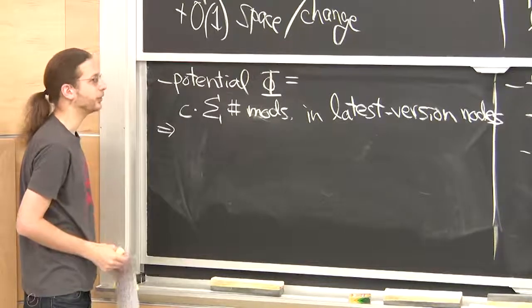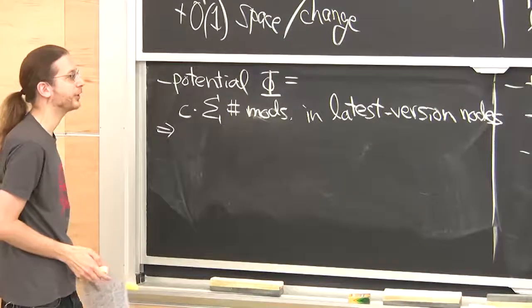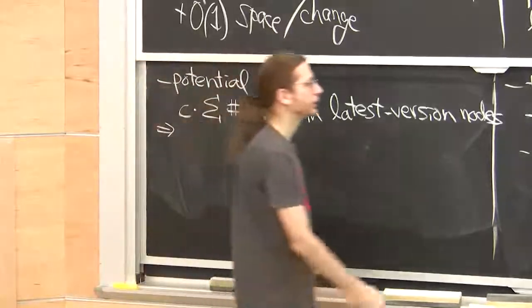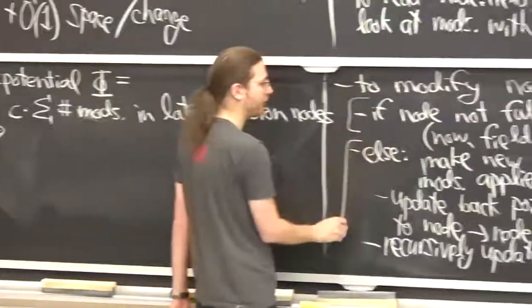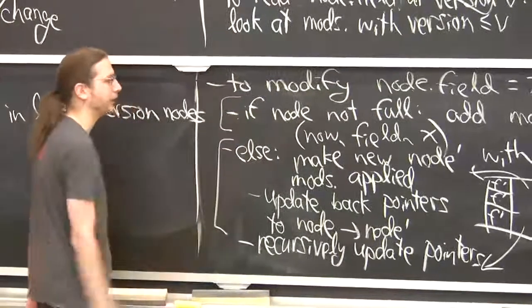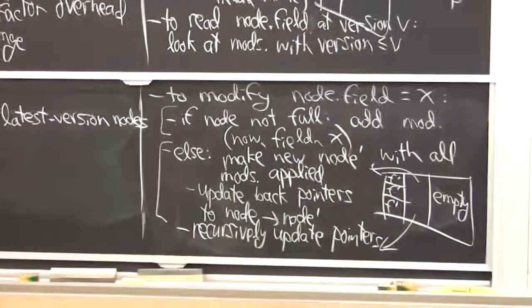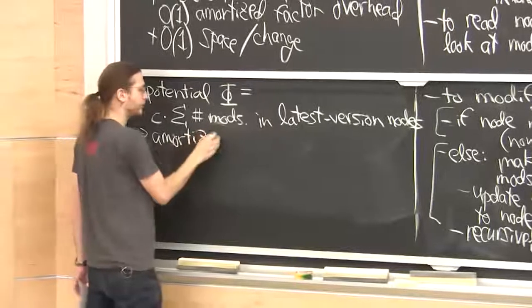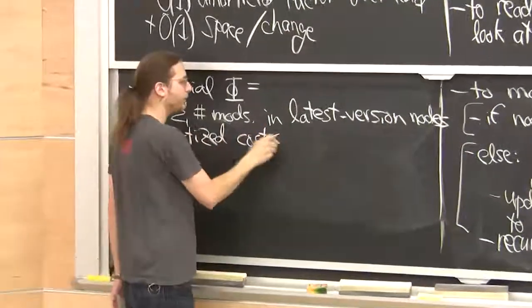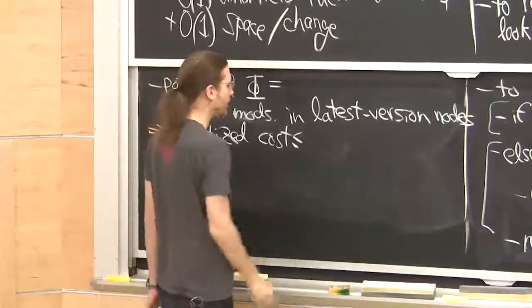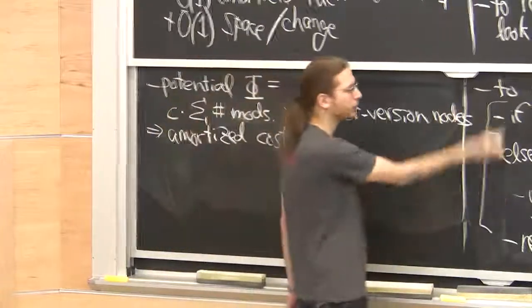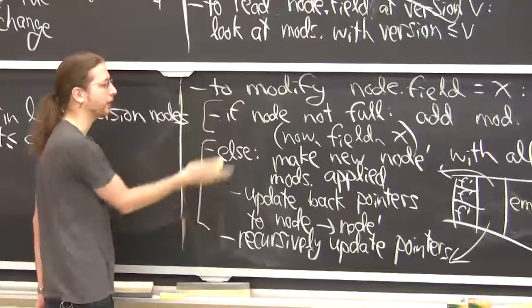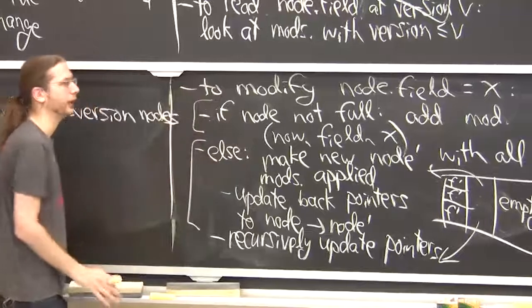Okay, so what is amortized cost? There's sort of two cases for a modification. There's the cheap case and the not so cheap case. In general, amortized cost, in both cases, is going to be at most, well, first of all, we do some constant work just to figure out all this stuff, make copies, whatever.